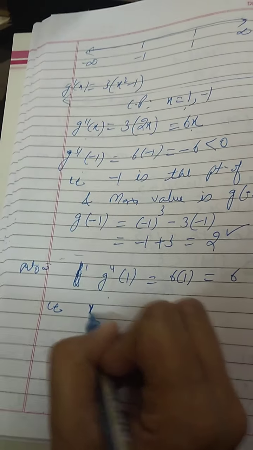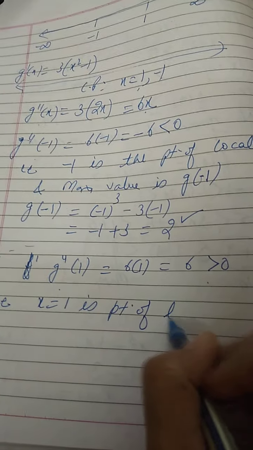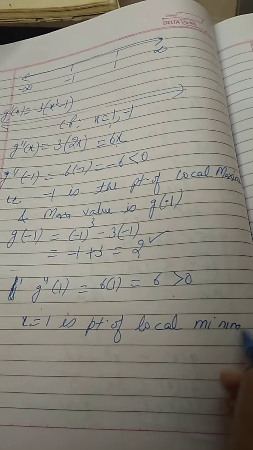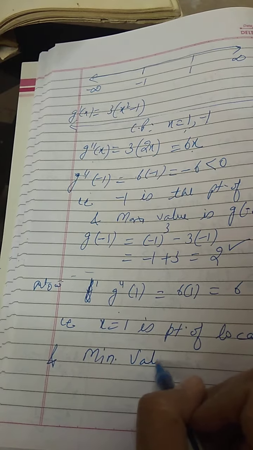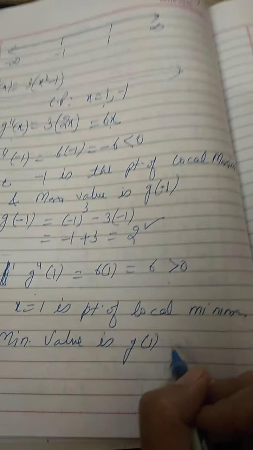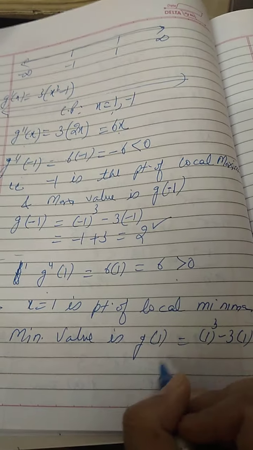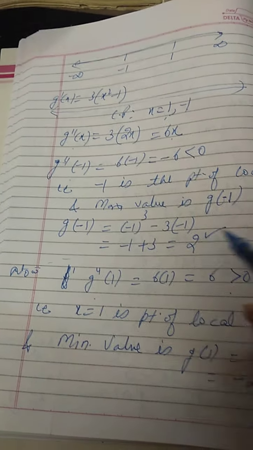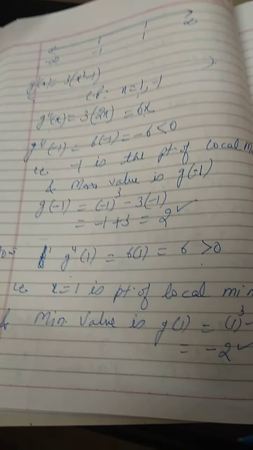What does it mean? x equals 1 is the point of local minima, and what is the minimum value? The minimum value will be g of 1. G of 1 means 1 cube minus 3 into 1, that is 1 minus 3, which is -2. So the maximum value is +2, and the minimum value is -2.